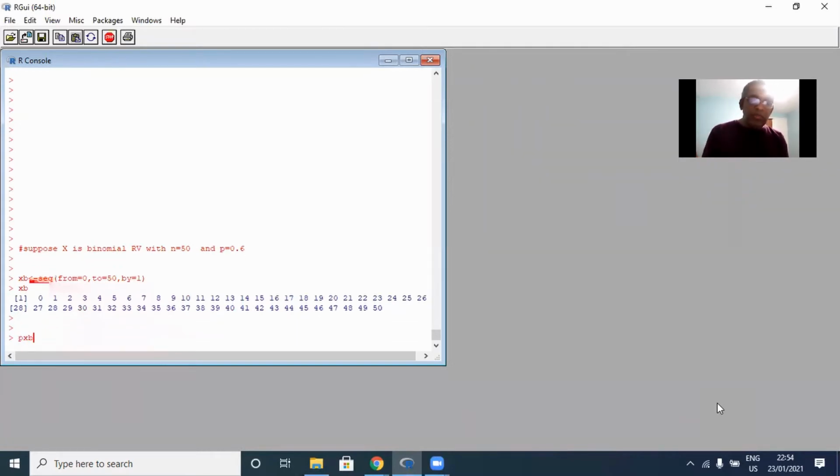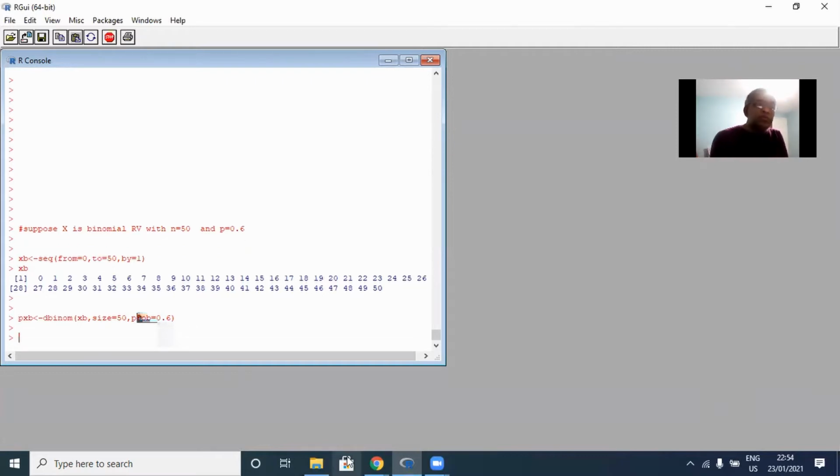Now, if you type pxb assigned to dbinom at xb, where the size parameter is 50 and the probability parameter is 0.6, this command computes the density of the binomial distribution, which is the PMF, at the values specified by xb.